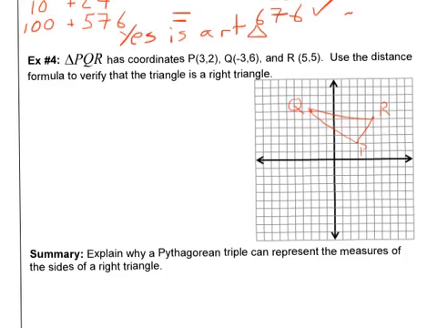So let's do QR to start off with. You can plug it in the distance formula if you want. I'm not going to do that because I think it takes too long. Instead, I'm just going to use the Pythagorean theorem. Q to R is 8 to the left and right, so that's what I would get if I did x2 minus x1. I would just get 8, and so I'm going to square it. And it is only 1 down, right?